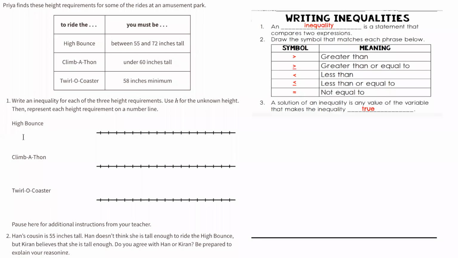So this one, there's actually 2 inequalities that you can write. The first one would be that h, the height, has to be greater than or equal to 55, because if you're 55 inches, you can ride that ride since it says between 55 and 72. Unfortunately, I don't have the symbol with the underline here, so I can write that as greater than.